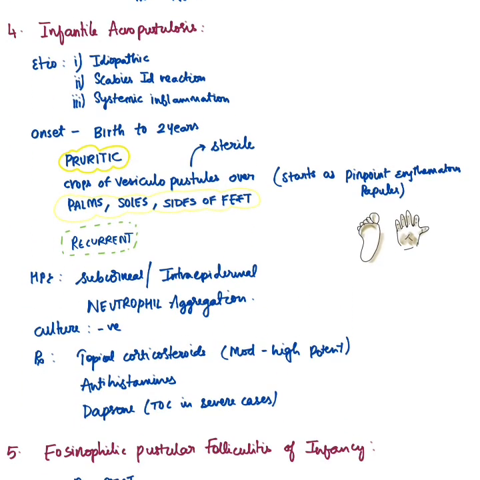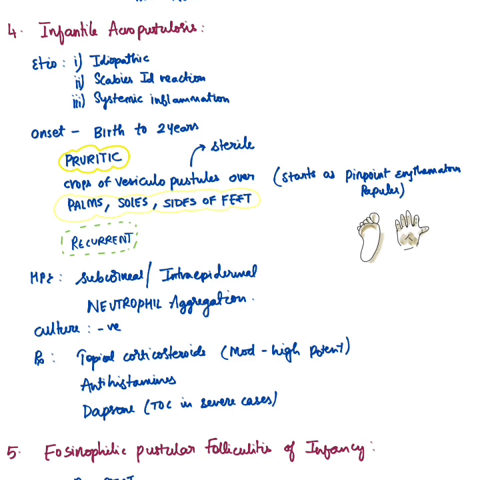Next is infantile acropustulosis. It is also an idiopathic disorder, but it can be considered as a scabetic id reaction, or it can be because of some systemic inflammation. The onset is from birth to 2 years of life, and it is characterized by the occurrence of crops of pruritic vesiculopustular lesions, and these pustules are again sterile because there is no secondary infection.